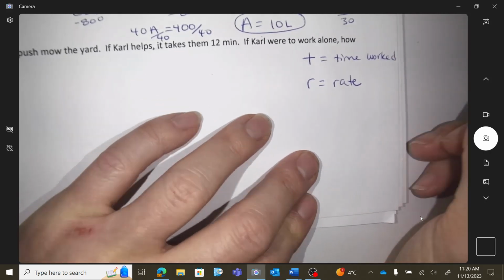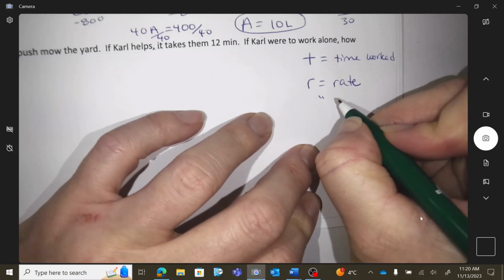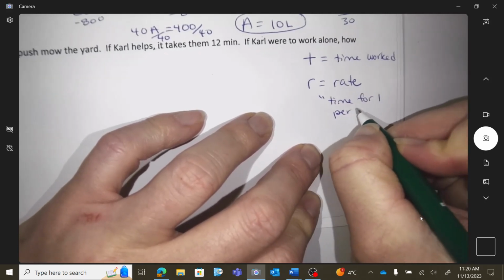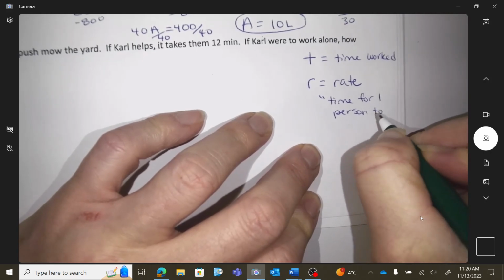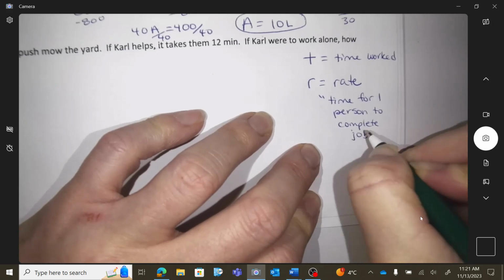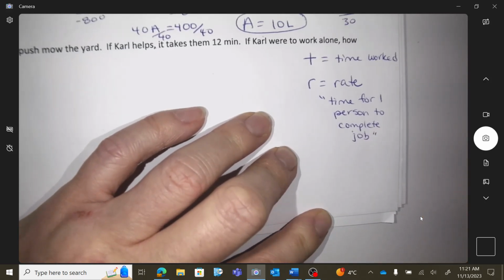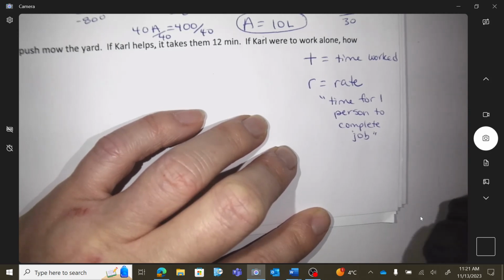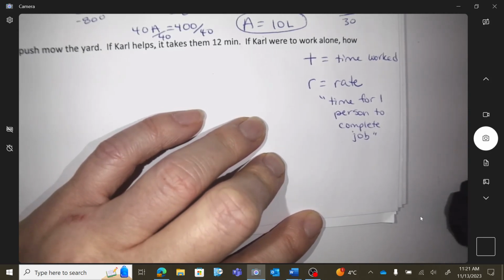What is rate? The rate is the time for one person to complete a job. A rate is the time to complete a job for one person. That's their rate.